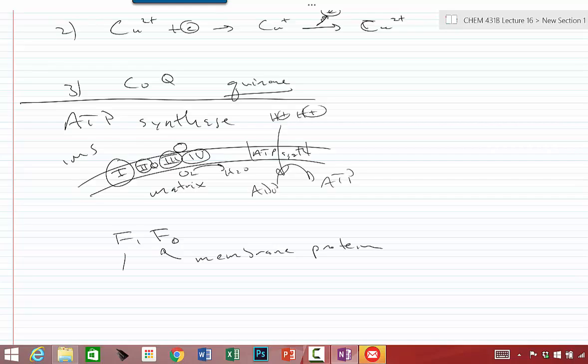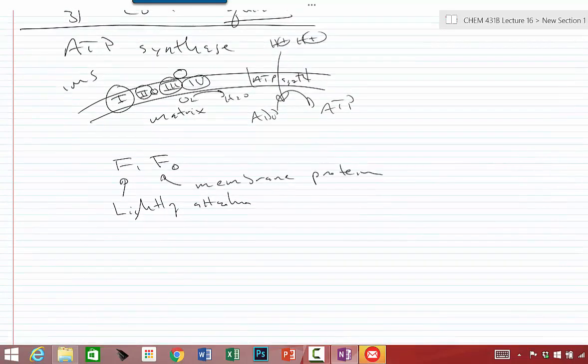Whereas F1 is only lightly attached to the membrane. And they found, obviously both of these are necessary in order to produce ATP.